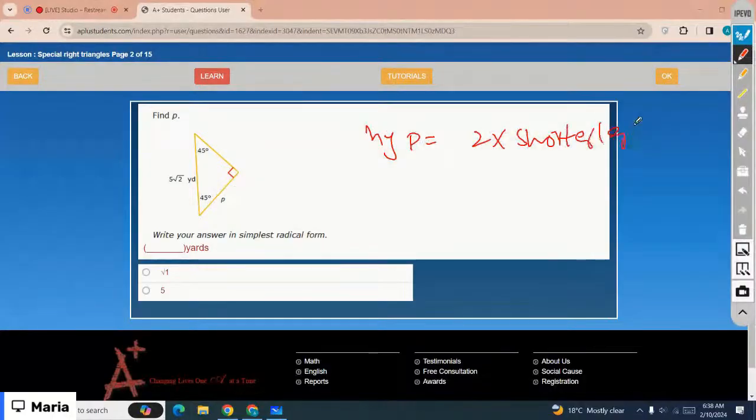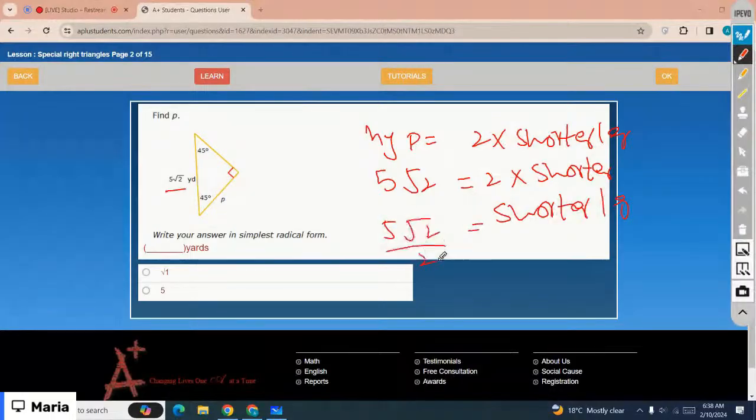You are given the hypotenuse, that is 5 square root 2, and you need to calculate the length of the shorter leg. So you have to divide by 2, so the shorter leg is 5 square root 2 over 2, right?